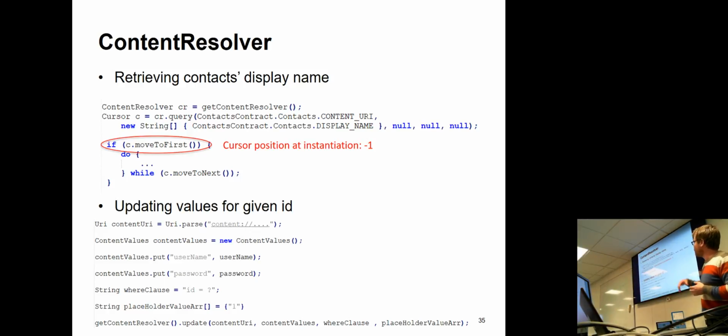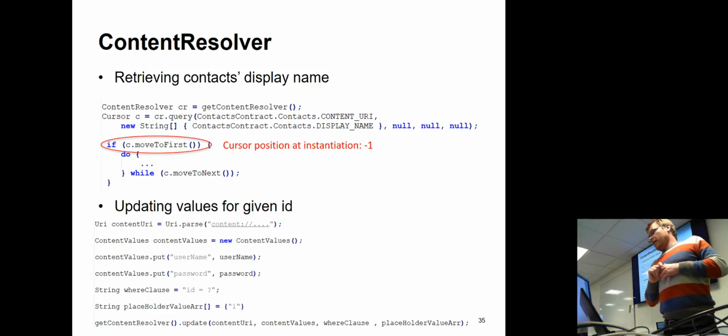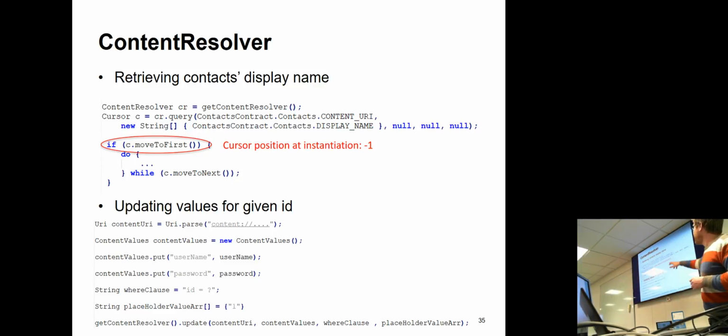So here's an example for the contact information, right? So we have a content resolver, see first line on top. So we get the reference to the content resolver, and then we can query for a particular content provider. So it's basically the contact URI, which holds the URI for the content provider associated with the contacts of the operating system.